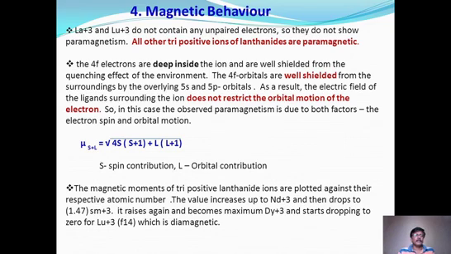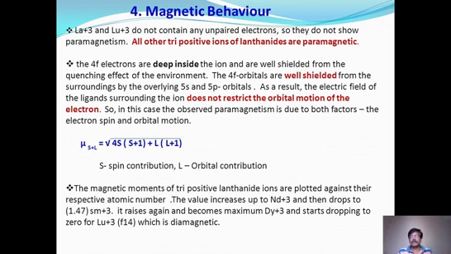The 4f electrons are deep inside and shielded from the effect of the environment. The 4f orbitals are well shielded from the surroundings by the overlapping 5s and 5p orbitals. As a result, the direct field of the ligands surrounding the ions does not restrict the orbital motion of the electron.